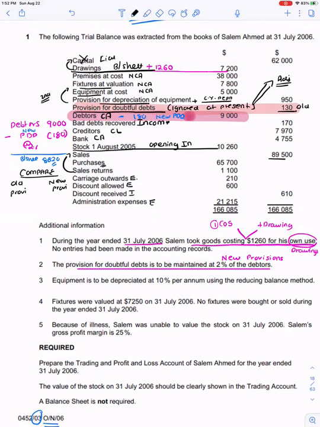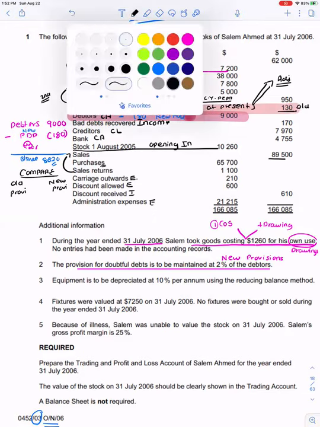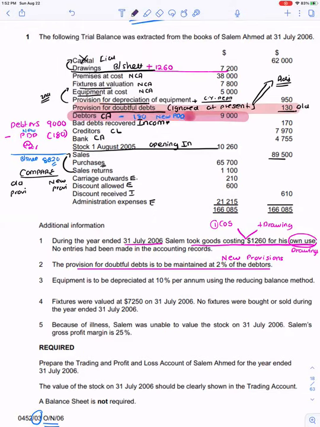That means initially I thought that 130 worth debtors would not pay me and I need to keep aside $130. My new provision for doubtful debts was 2%. Now I think debtors worth $180 will not pay me and I need to keep aside $180.